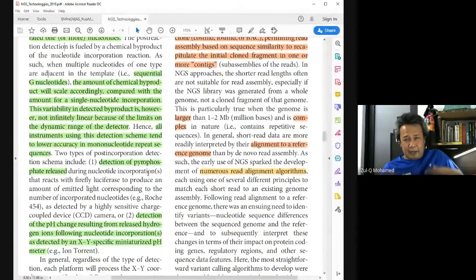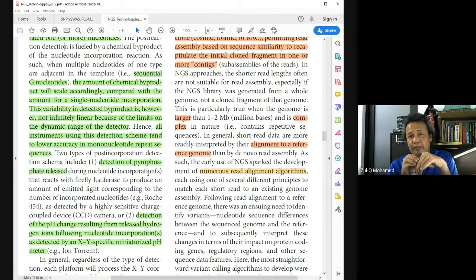Pyrophosphate, again, to jog your memory: in the process of replication, you use polymerase and nucleotide triphosphates. The three phosphates are named alpha, beta, and gamma. The one used in the phosphodiester linkage is the alpha.